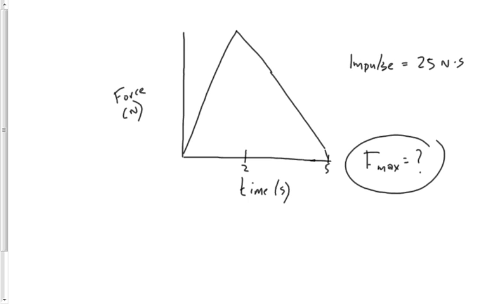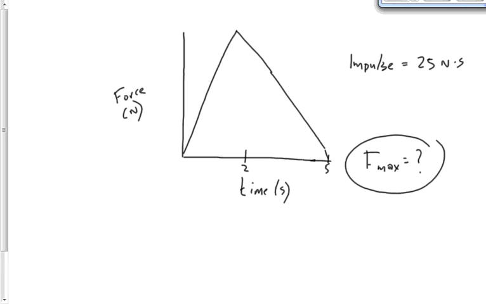The 3 words are area equals impulse. I still want you to think that. Just because you're looking at a question that's asking for a different variable this time, and just because you can't calculate the area because you don't know what the y-axis is, you're still thinking area equals impulse every single time. Okay, let's go at it, see what we can do over the next minute or so.